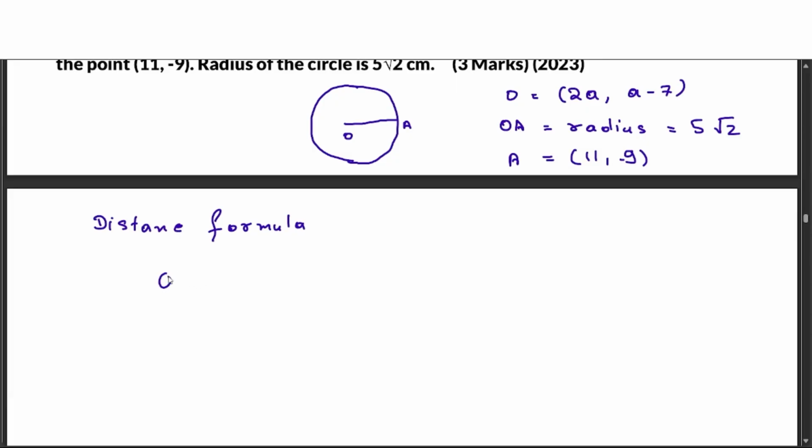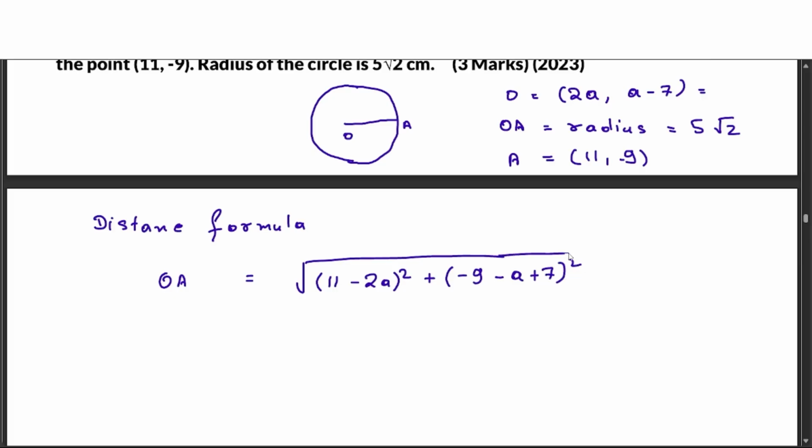So distance OA is equal to square root of (11 minus 2a) whole square plus (minus 9 minus a plus 7) whole square. I'm using some steps directly. Hope you understand that.